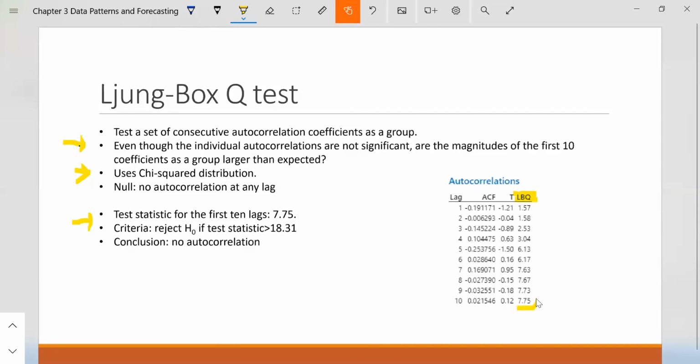For our example here, if we look at the first 10 lags, the test statistic is 7.75. If we compare with the threshold, that's not high enough to say that the autocorrelations are significant.